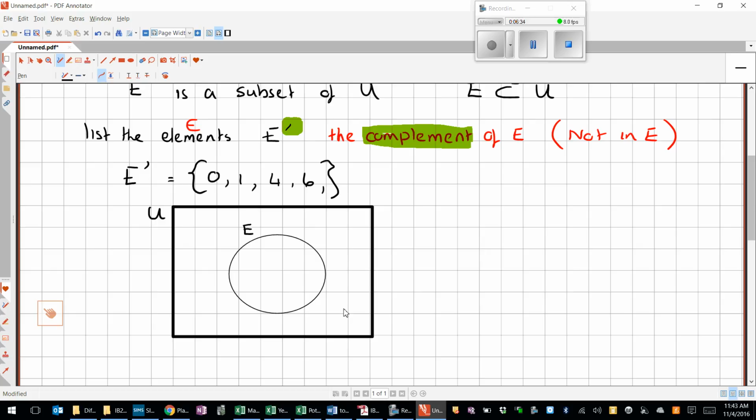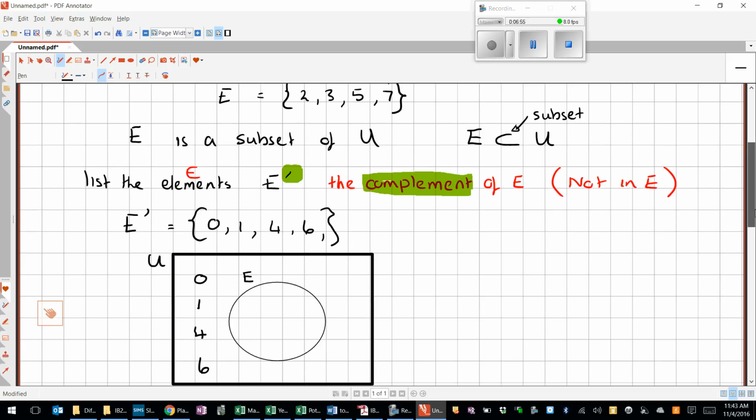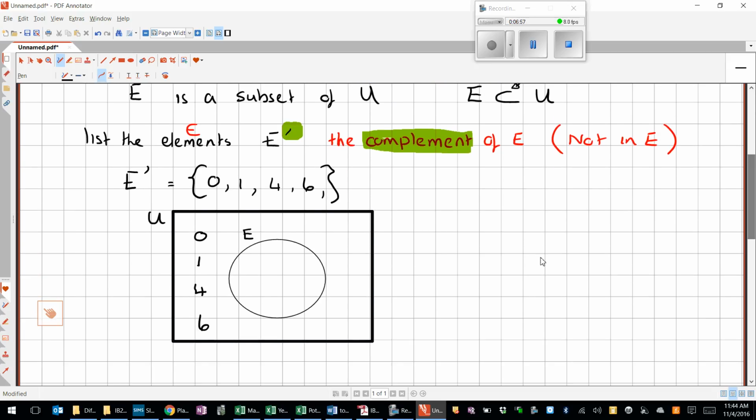Yeah, exactly. So then, the ones not in E go outside the circle. So 0, 1, 4, 6. It doesn't really matter where, as long as they're outside the circle. And the ones that are left, that we've decided are in E, 2, 3, 5, 7, have to go inside the circle.